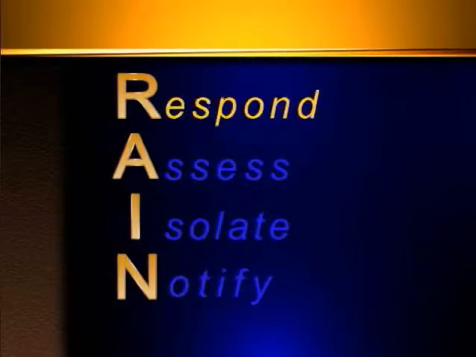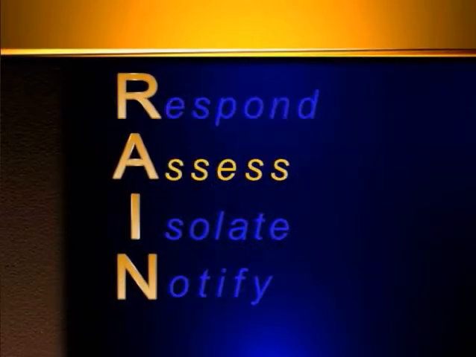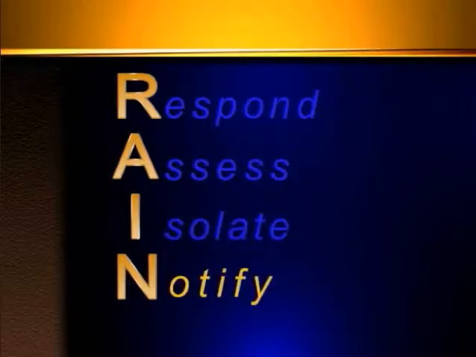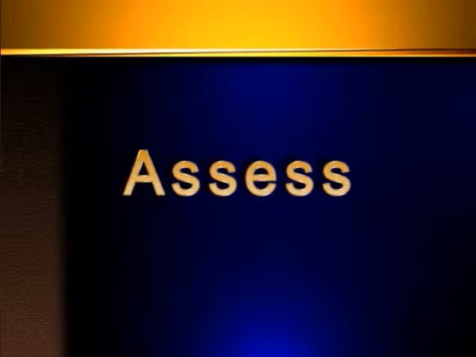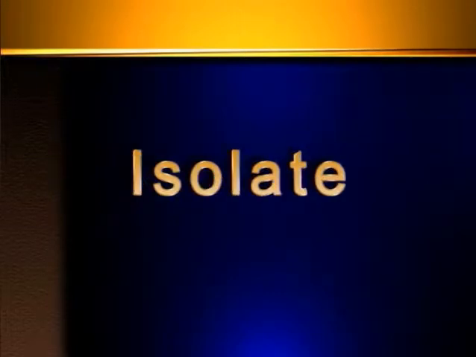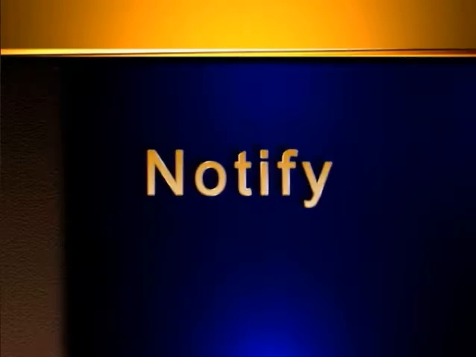Notify. The RAIN model was simply created as an easy four-step process for teachers and substitutes that you can use in a crisis. We want you to be able to quickly respond to the situation, assess the situation to make appropriate decisions, to isolate yourself and others from harm, and to notify police, fire, or other emergency responders so that they can properly respond to the crisis.